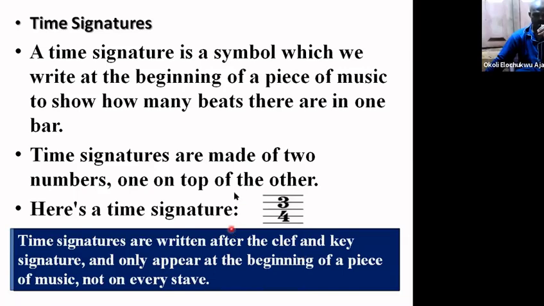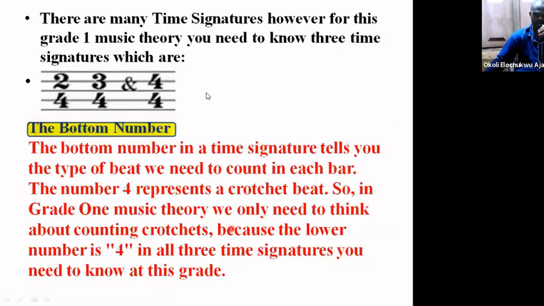So now there are many types of time signatures. There are many, but for this grade 1 music theory, you need to know 3 time signatures, which are for tonight and for the level we are at. We are just going to consider these 3 time signatures, and they are the most common with us, the songs we sing.